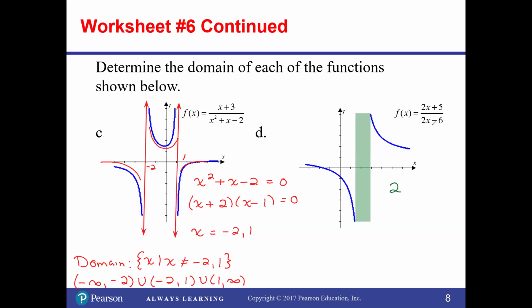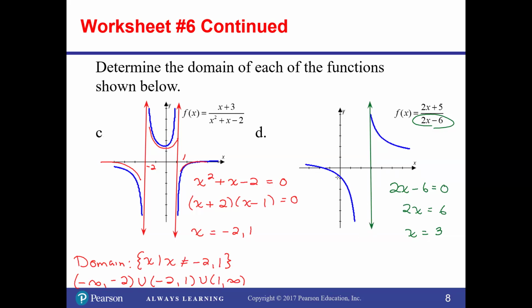So if we take our denominator, we set it equal to 0, and we solve for x, we get that x equals 3 is where I have a hole in my domain. So it's about here.